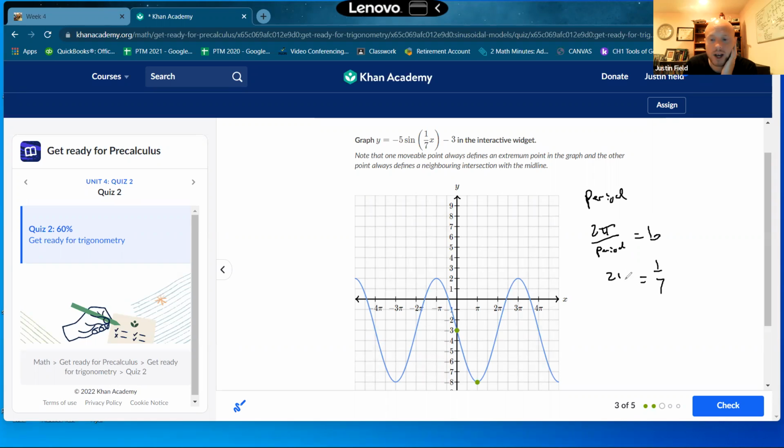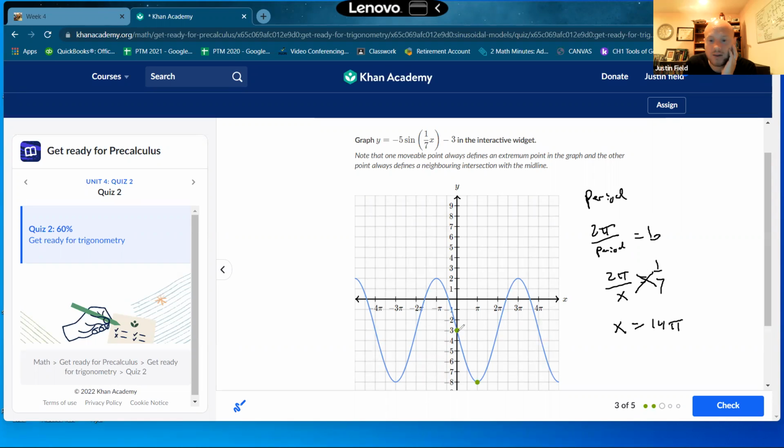So 2 pi over what? We don't know the period, so we'll call that x. Now I have a fraction equal to a fraction. I will cross multiply. X equals 14 pi. So my period is 14 pi.